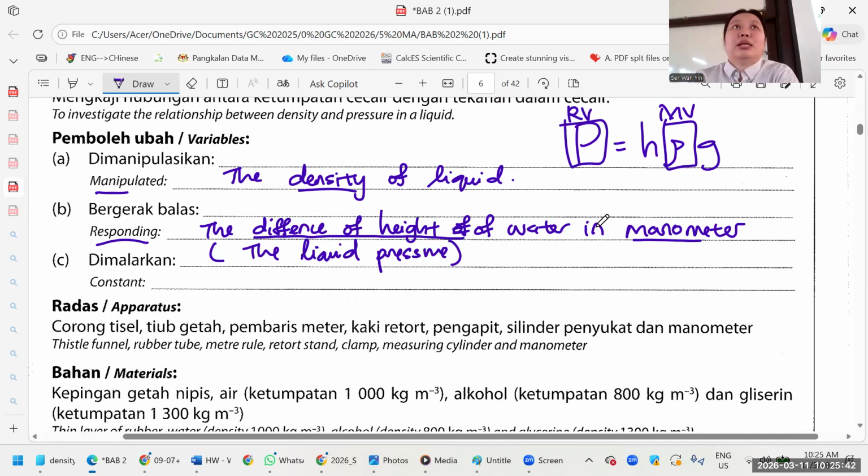What is our CV? Yes, H, which means the depth of liquid. That's why just now I must make them the same level first.